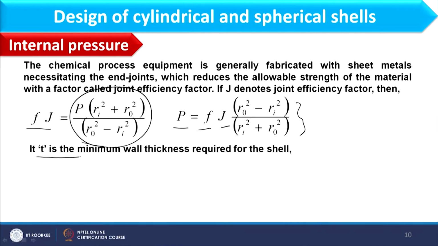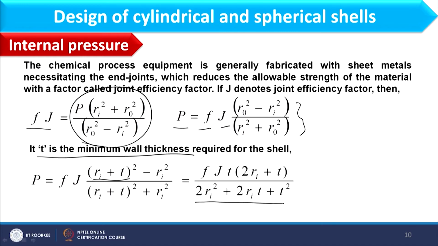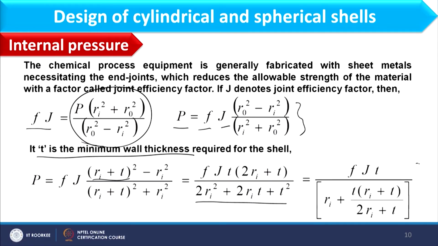So, if I consider T as the minimum wall thickness required for the shell, then Ro we can replace with Ri plus T, and the whole expression we can rewrite like this, and further rearrange this expression. Then, further resolving it, we can have this particular equation where P can be defined in terms of F, J, T and radius.